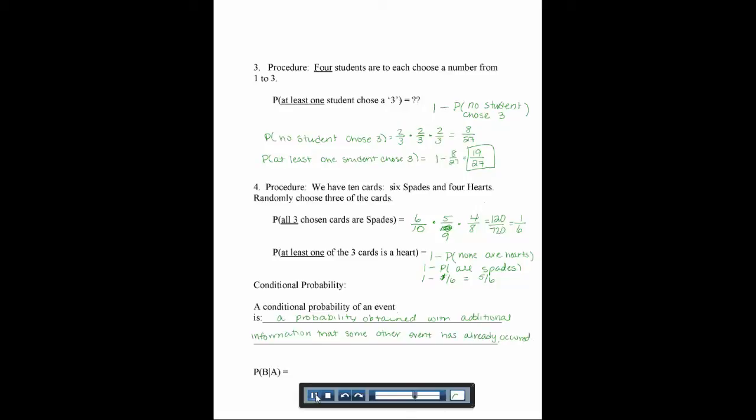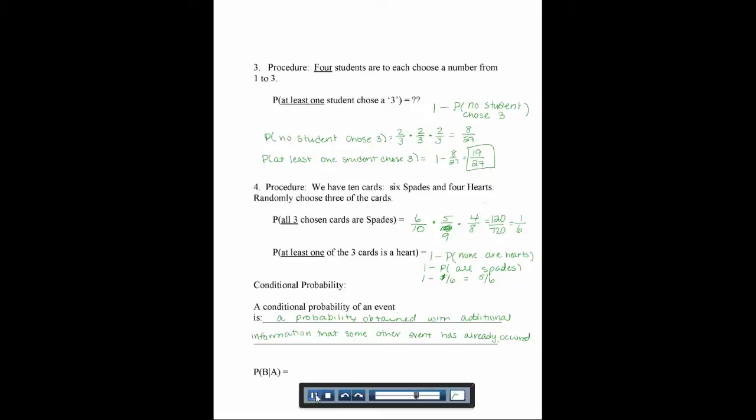Okay, so for example, we might be drawing out of a deck of cards, and we might know that all of the red cards have been taken out or something. So we just know something else about the sample space, or that something is definitely happening.